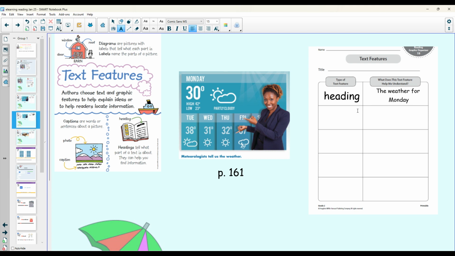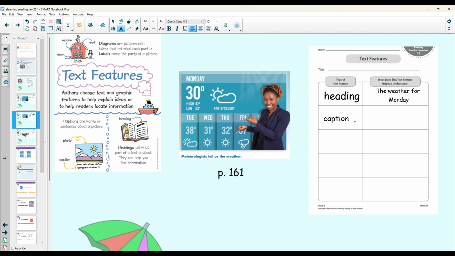So, the type of text feature that we're going to talk about and that you're going to write about in your weekly reading packet is caption. So, I would like for you to write caption as your next text feature. And you can pause if you need to so that you can copy it.